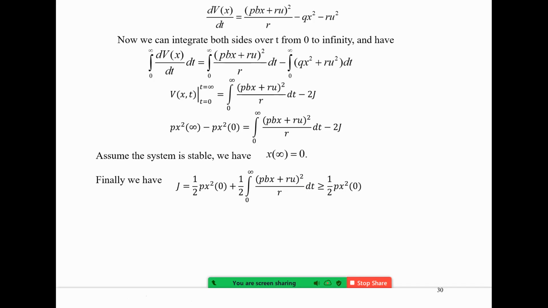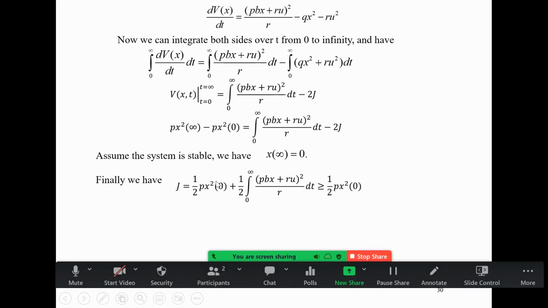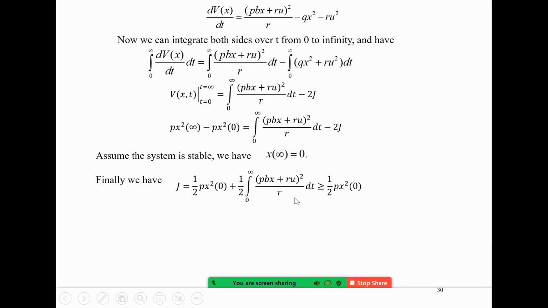Okay, but the question is, can we design our input to make the second term to be 0? Can we do that? So you just look at the expression.